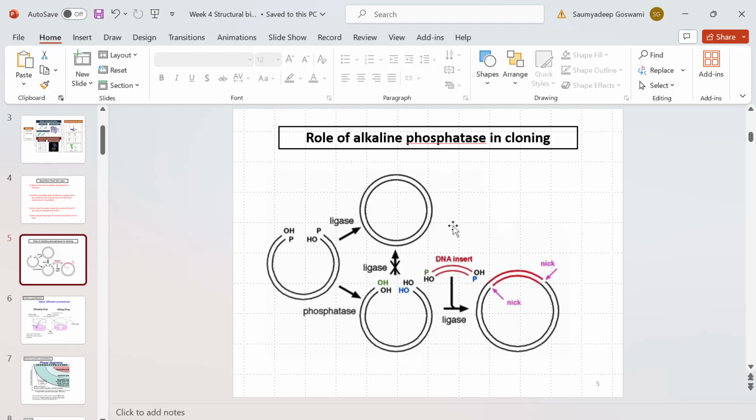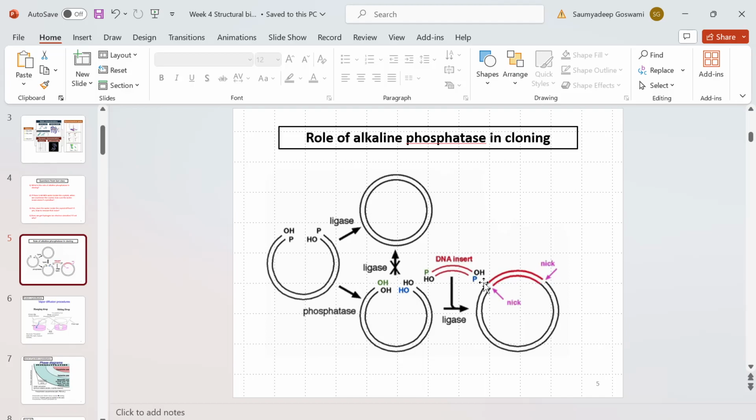So first, this insert is much smaller in size, so the probability of the insert self ligating is much lesser as compared to the vector. But if you are saying that one insert will ligate with another insert, in that case it will not have that antibiotic resistance gene, so it will not give a colony in your plate which contains ampicillin or an antibiotic.